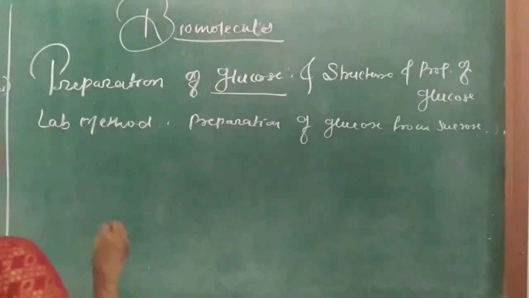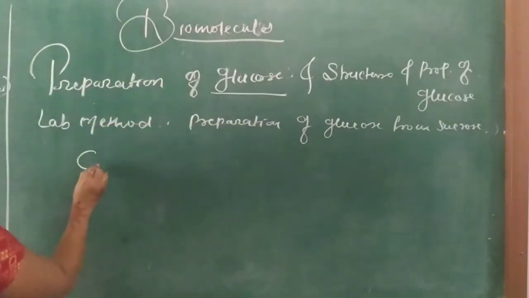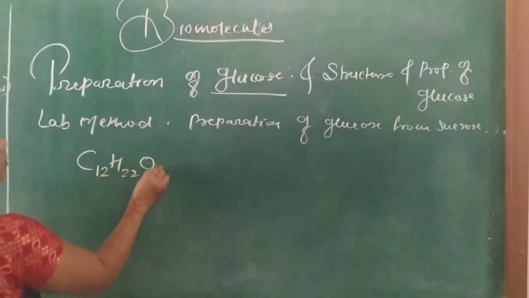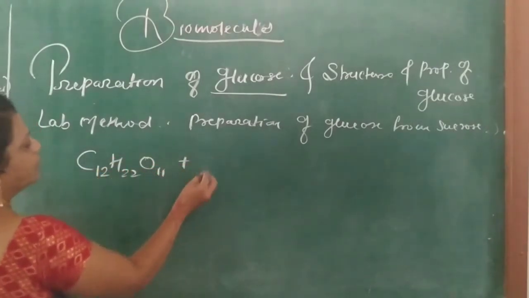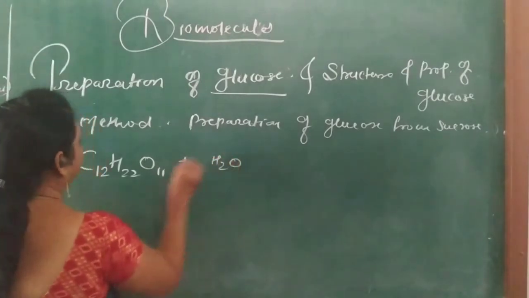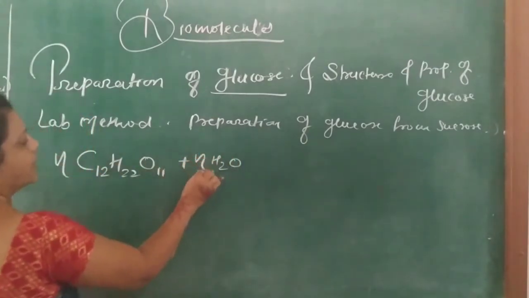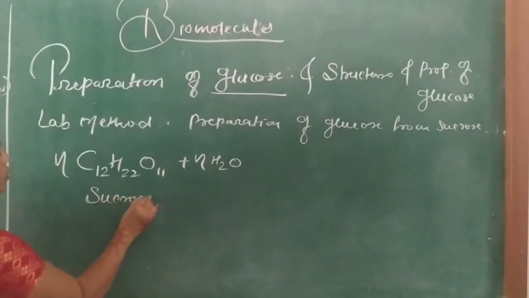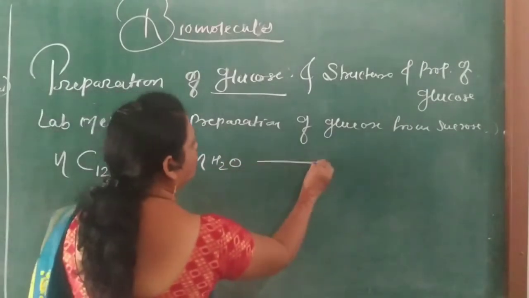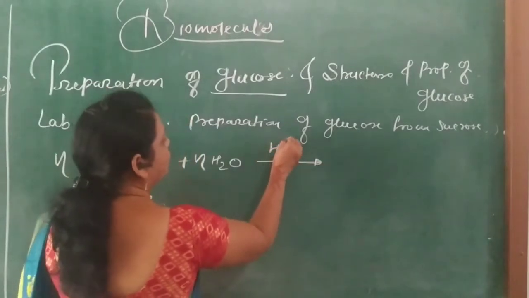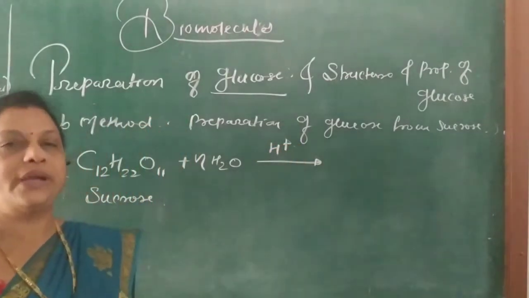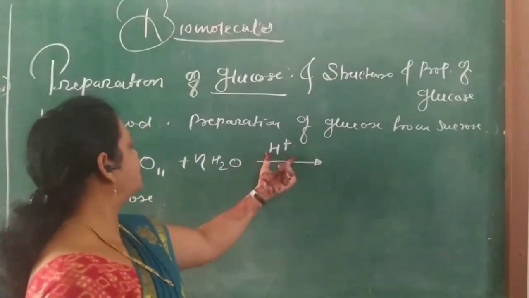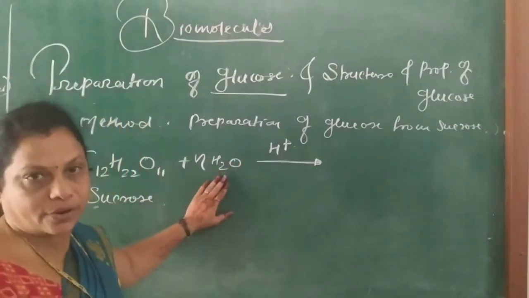Okay, so sucrose on acid hydrolysis: C12H22O11 plus H2O, n times. These are the molecules of sucrose. On hydrolysis in the presence of acid, dilute sulfuric acid or dilute hydrochloric acid, it is called acid hydrolysis.